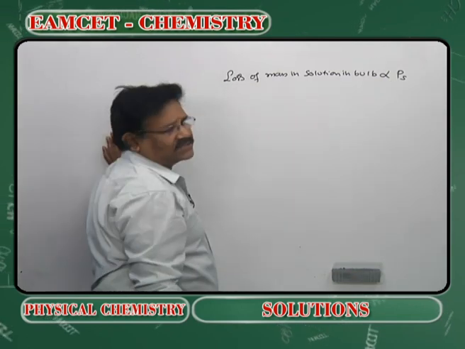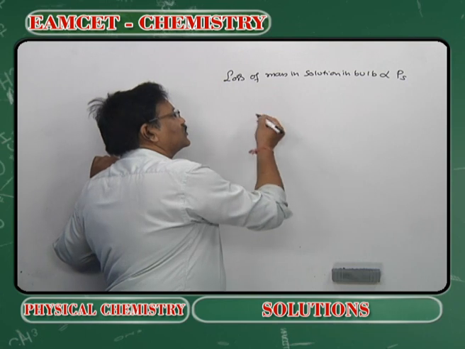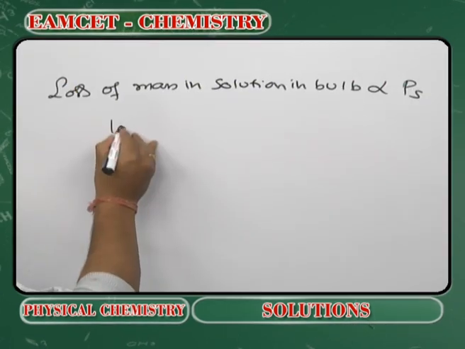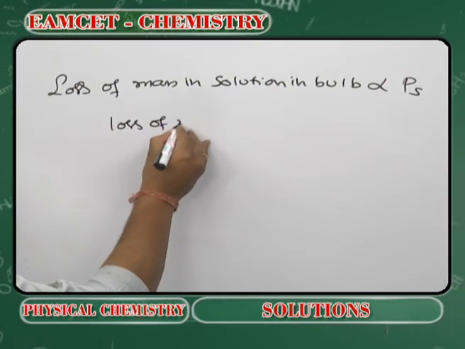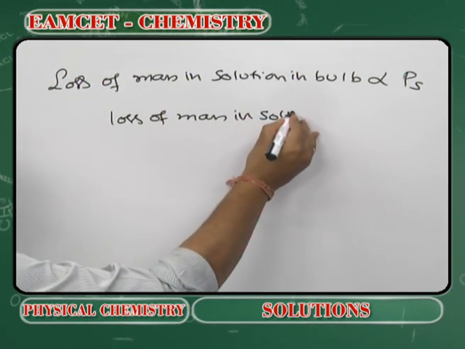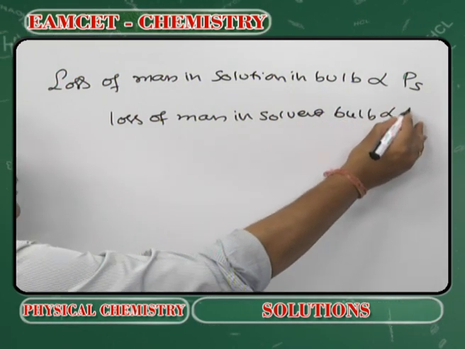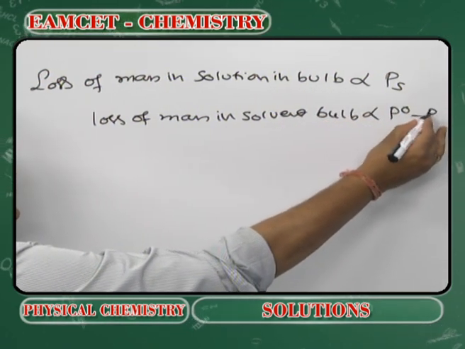What is PS? The vapor pressure of the solution. The loss of mass in the solvent bulb is proportional to P naught minus PS.